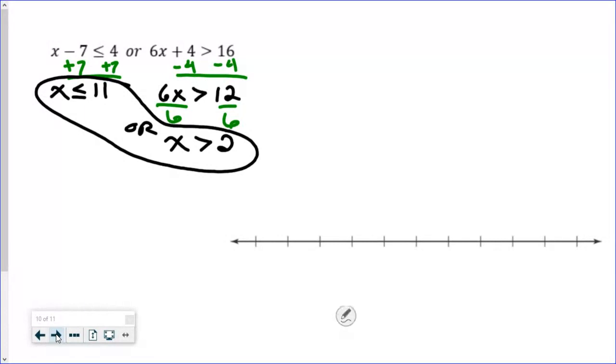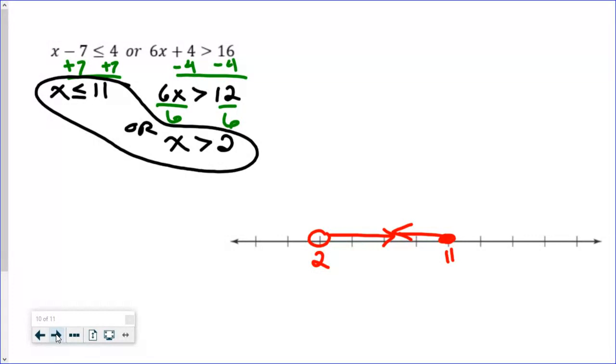Okay, so 2 is on one side, 11 is on this side. Now think about it. For the 2, it's a hollow circle going that way. For 11, it's a filled-in circle going the other direction because both work.